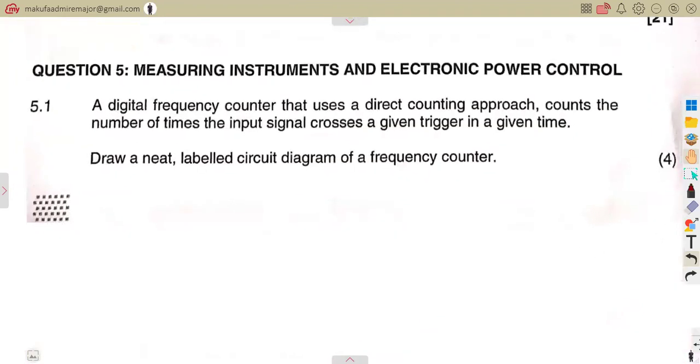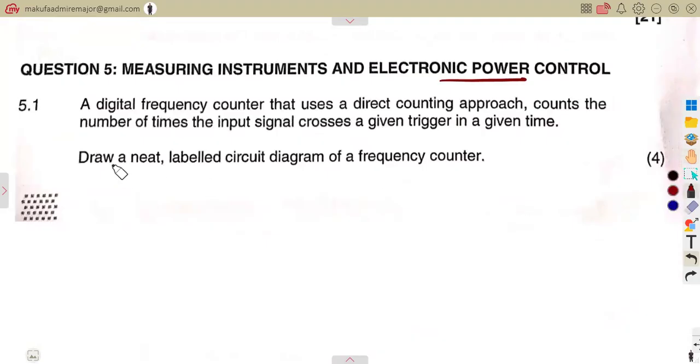The measuring instruments and electronic power control. With this information, draw a labeled circuit diagram of a frequency counter. That's a frequency counter. How does it look like?